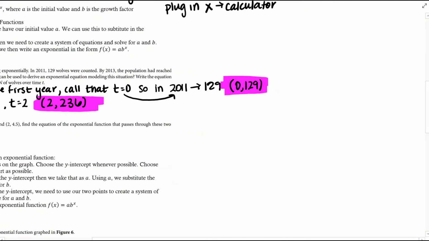So these are our points. Given the initial value, if I know this is my equation, now if this is my a, because this is the initial value point (0, a), our x is going to be 0. Our a is 129.